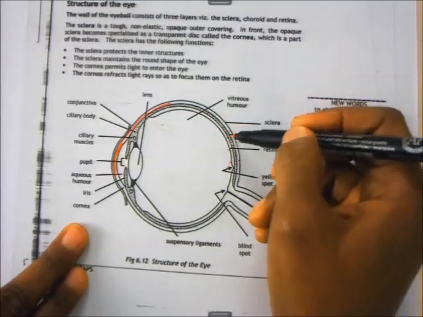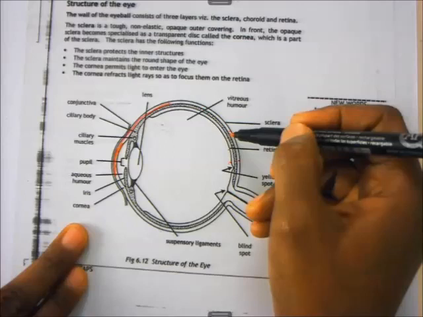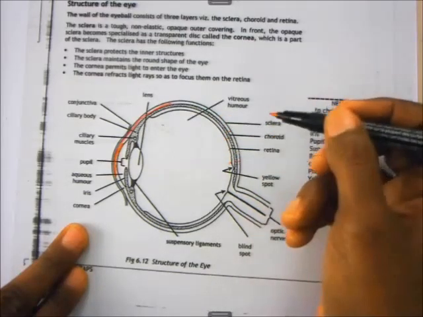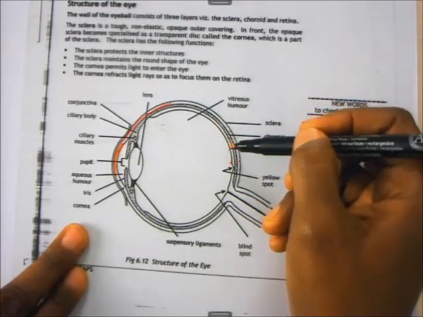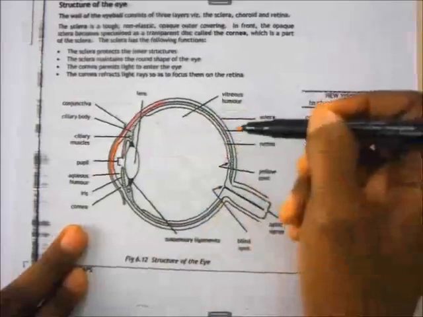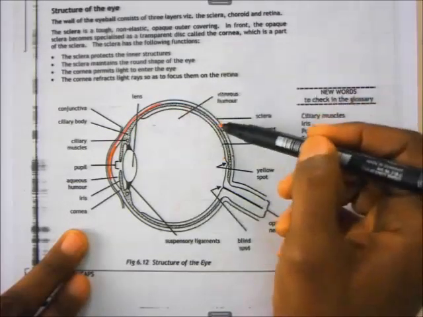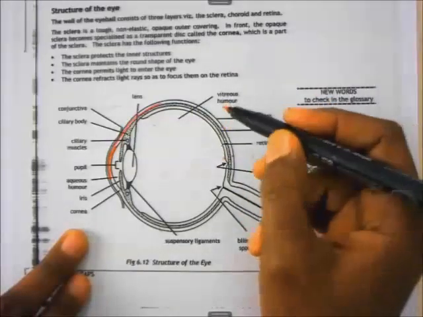So now if the choroid is pigmented, that simply means the choroid plays a role in absorbing the light rays. Or you can say that the choroid prevents the reflection or the sending back of the light rays.